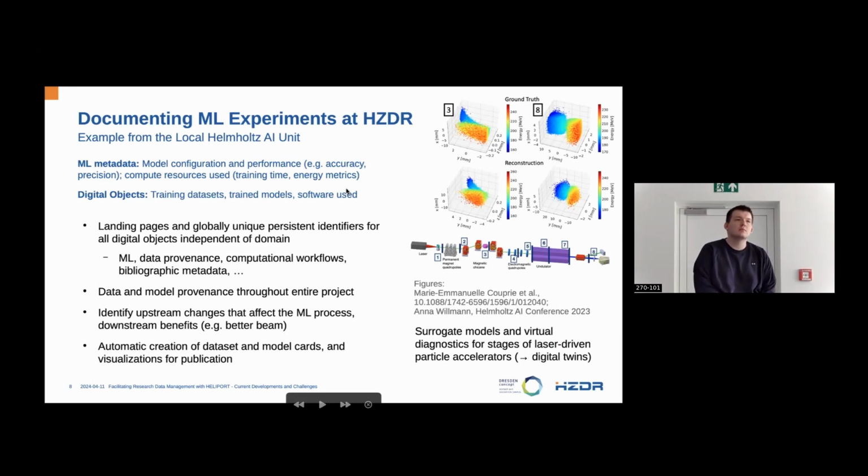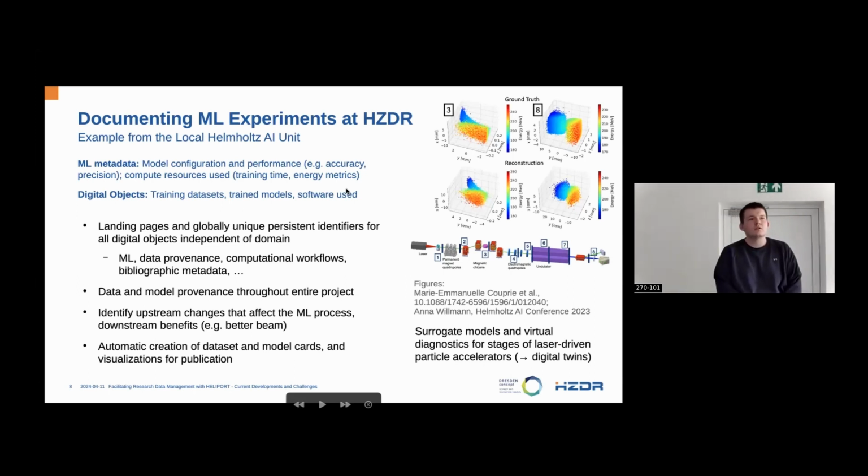For example, in the ML domain, we can describe them. In the data provenance domain, we can describe the computational workflows and so on. This also would allow us to have improved data and model provenance throughout the entire project. For example, at these stages where we often talk about digital twins, where real-life experiments and simulations come together.